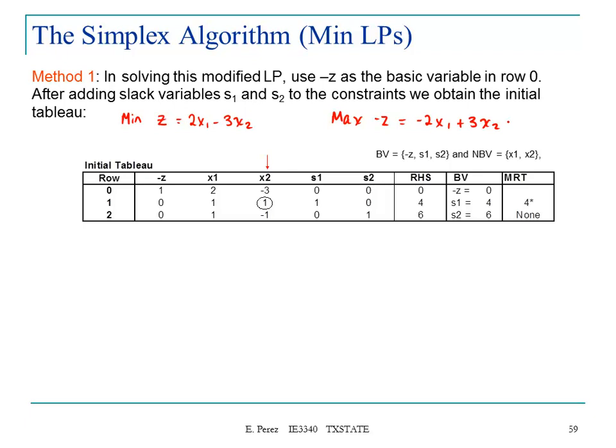And if you remember, in order to solve the problem using the simplex method, you need to modify the objective function into a canonical form, which means that you're going to move the coefficients and the decision variables to the left side. So this is plus 2x1 minus 3x2.